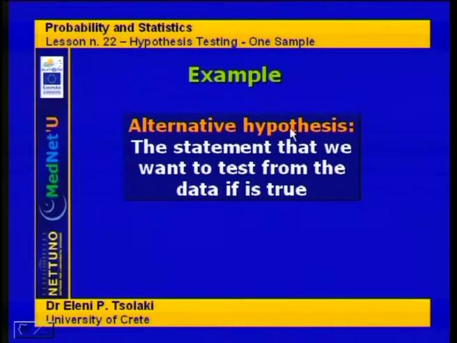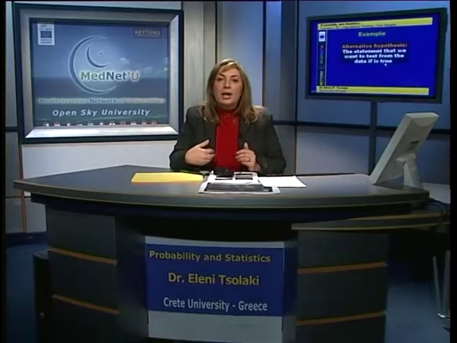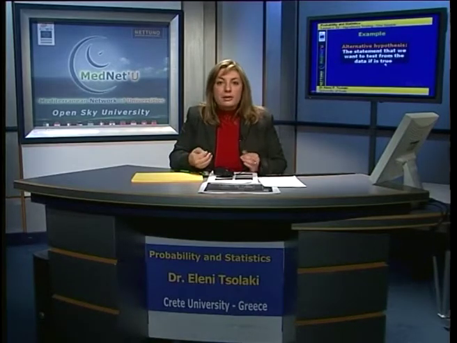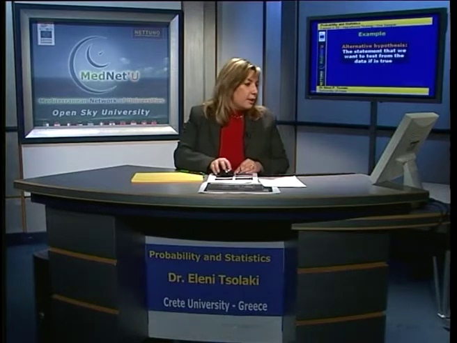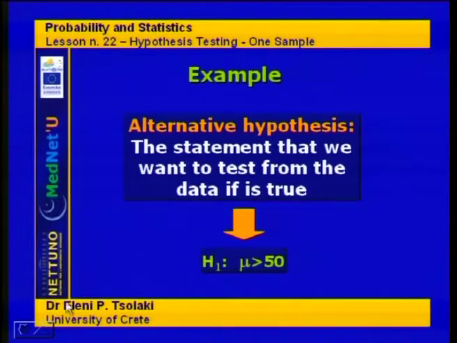The alternative hypothesis will be the statement that we want to test from the data if it is true. So what are we asking? What do we want to find out? In this example, we have asked if the mean value is greater than 50.